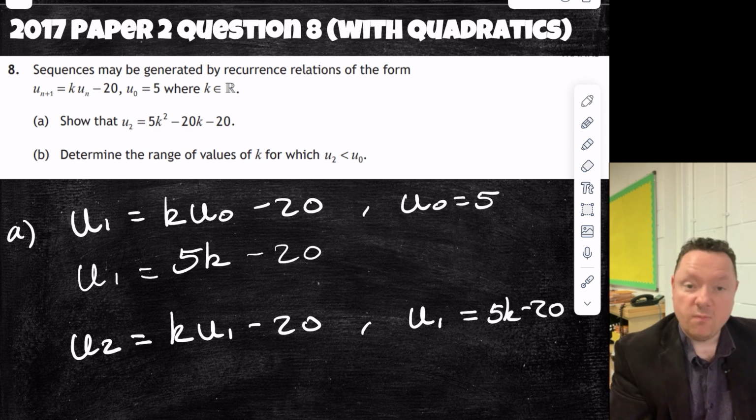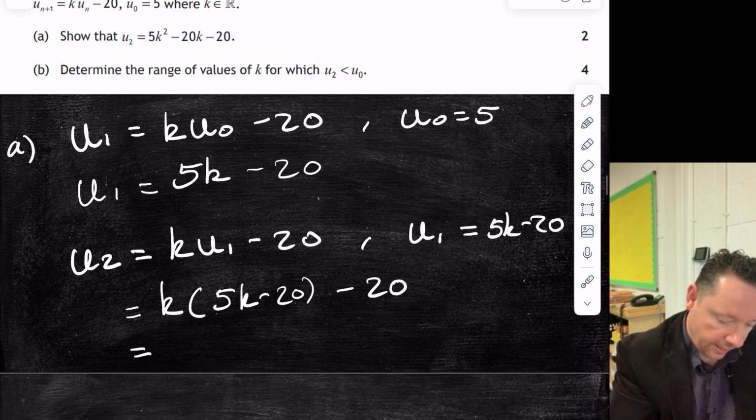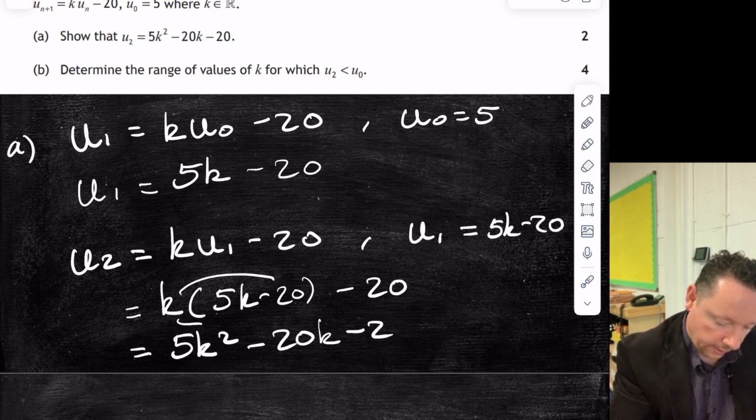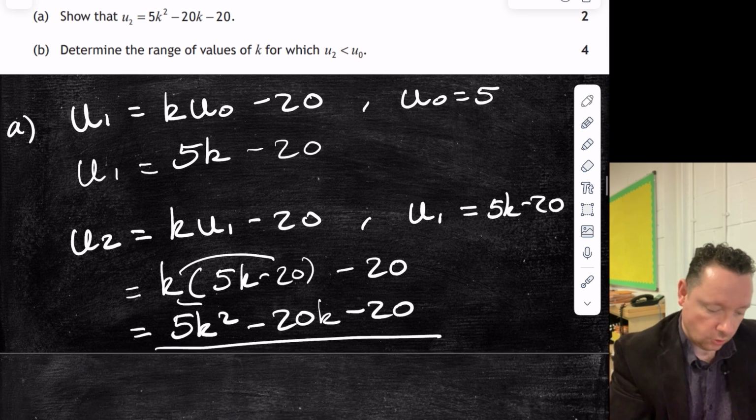So we can just sub that in. So u2 is k times the whole of 5k minus 20, then take away 20 on the end. Multiplying out the bracket, that gives me 5k squared minus 20k, and then minus 20 on the end, as required.